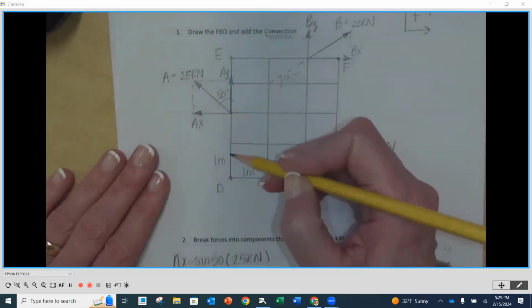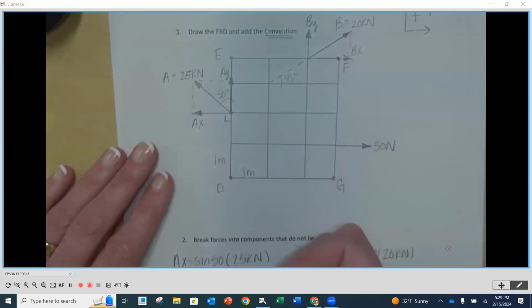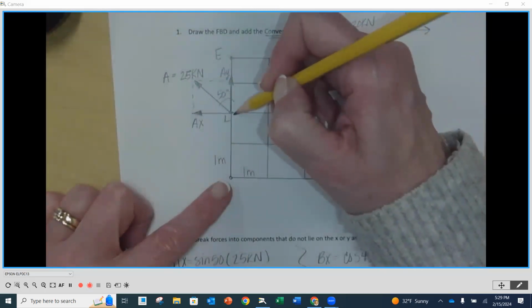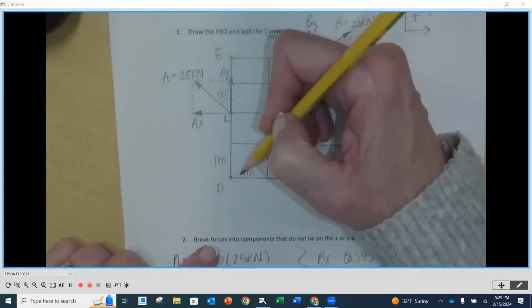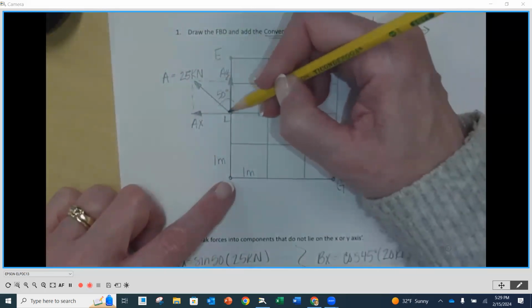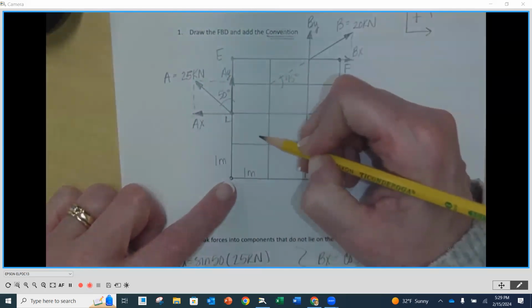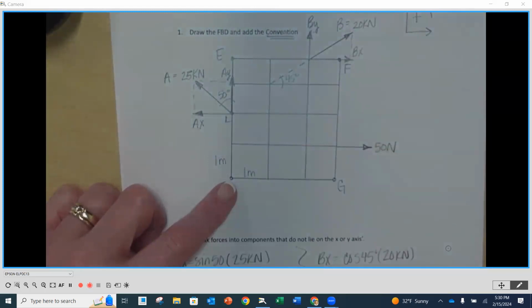Now, I cannot use the 25 as a perpendicular distance because it's more than 90 degrees back to my point D. If I wanted to use the 25, I would have to extend this back and find that perpendicular distance to that line of action. But if I can just use my X's and Y's, I've got natural dimensions built in. That's why breaking these into X and Y components becomes really convenient.